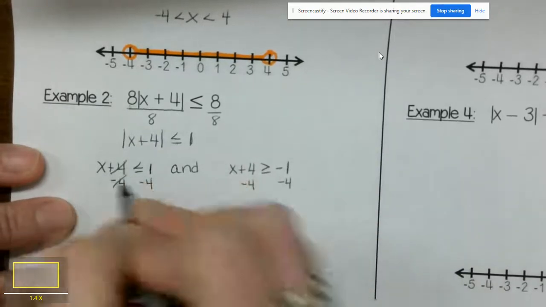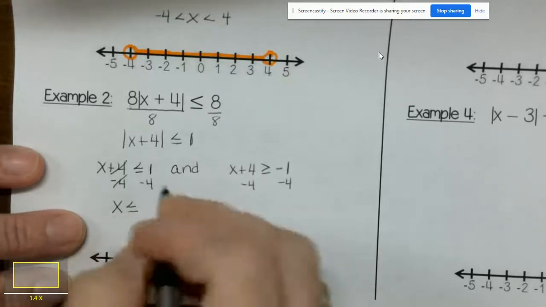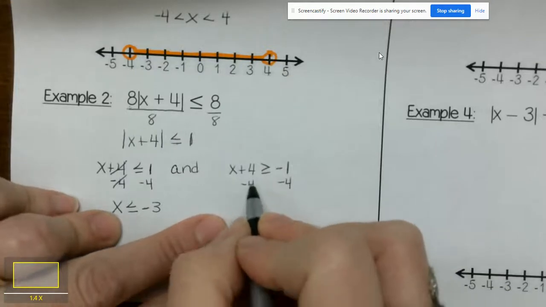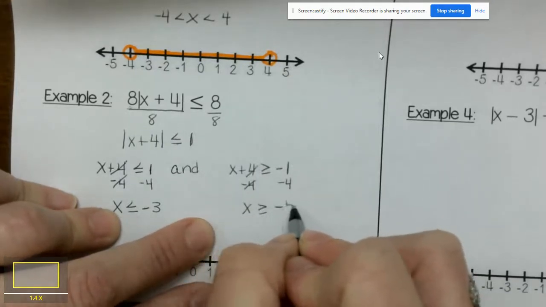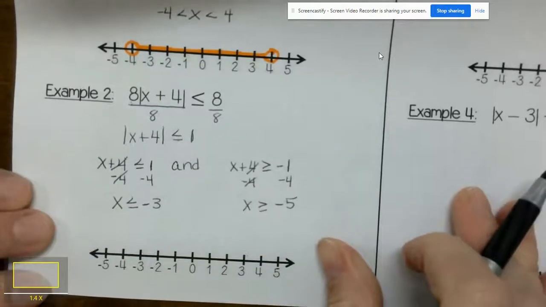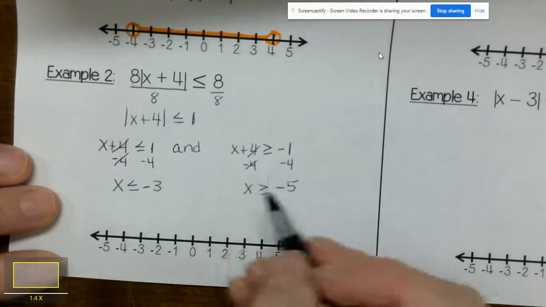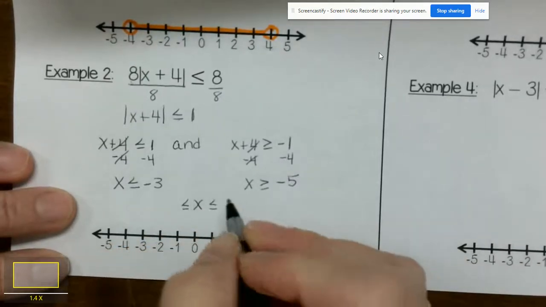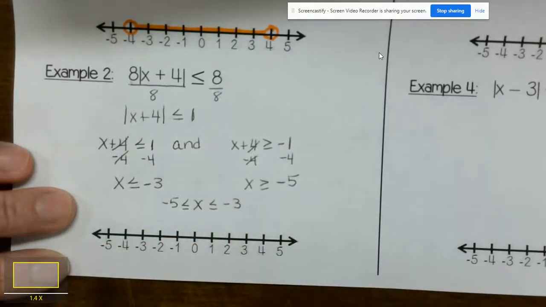This side gives me x is less than or equal to 1 minus 4, which is negative 3, and this side gives me x is greater than or equal to negative 5. So x is going to be between negative 5 and negative 3.